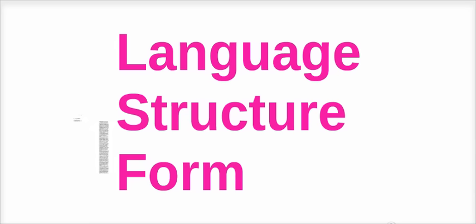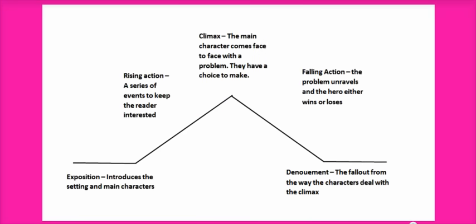Aristotle believed that drama could be divided into 3 sections, and in the 19th century, building on his work, the German novelist Gustav Freytag proposed that all 5-act plays follow the same format, with the exposition, the beginning where we are introduced to the characters and the setting, the rising action, a series of events which keep the reader interested, the climax where the main character comes face to face with a problem and has a choice to make, the falling action where the problem unravels and the hero either wins or loses, and the denouement, the fallout from the way the characters deal with the climax.